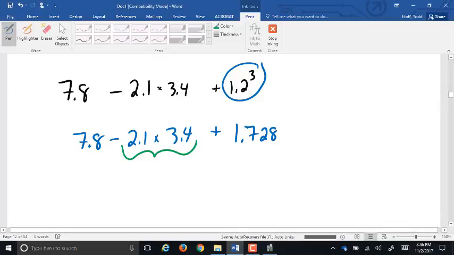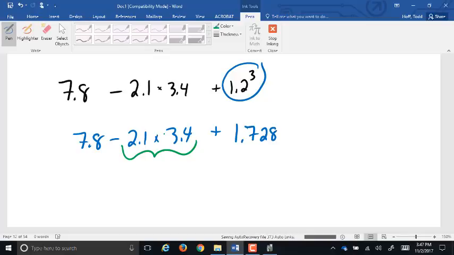Now, we can either do that as a negative 2.1 times 3.4, or we can do it as 2.1 times 3.4 and it's subtracted later. We're going to do it as being subtracted later, just because that's a little bit easier for us.